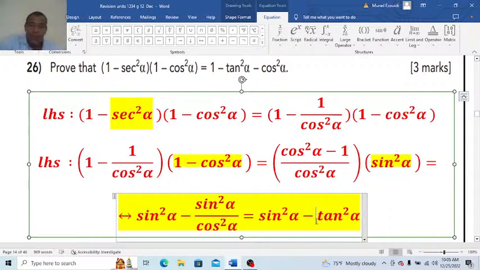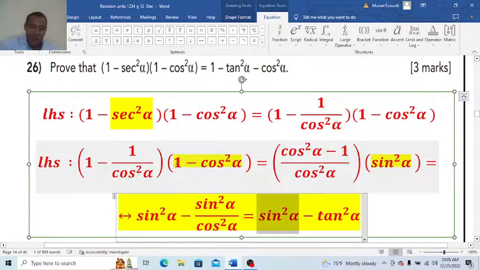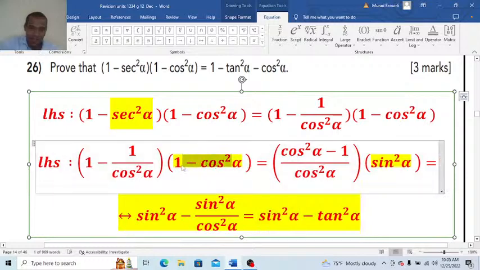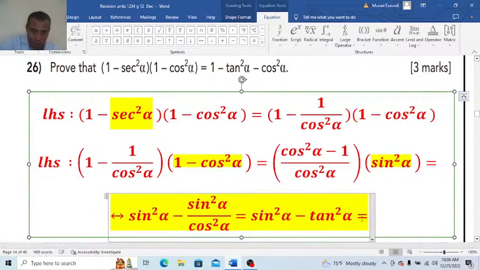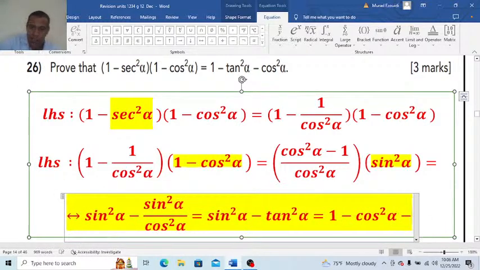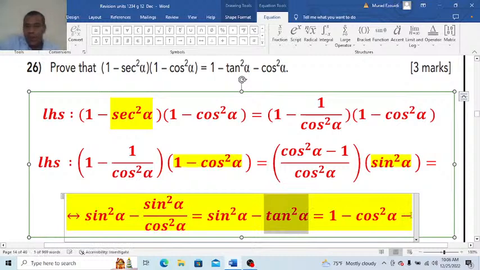But sine square is what, learners? Sine square is 1 minus cosine square. So you can say that this one is equal to 1 minus cosine square minus tangent square, because sine square is 1 minus cosine square.